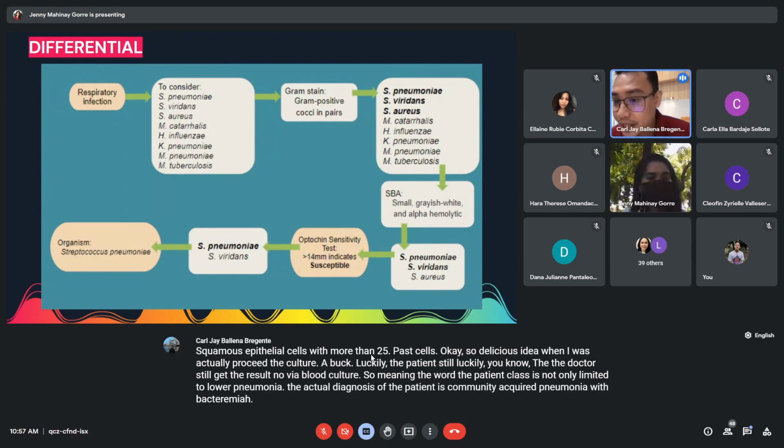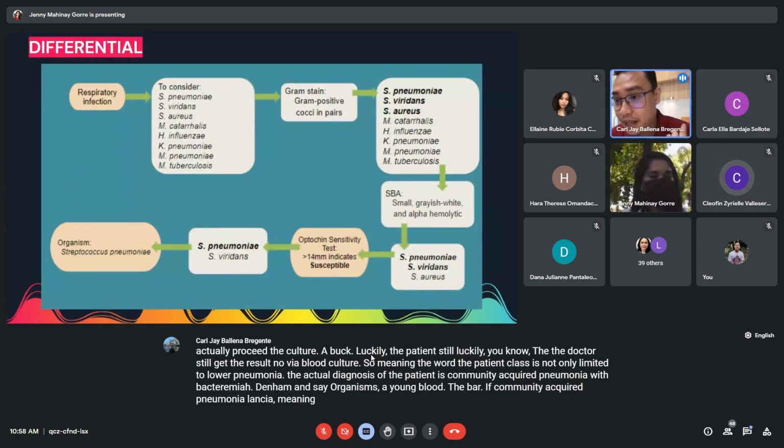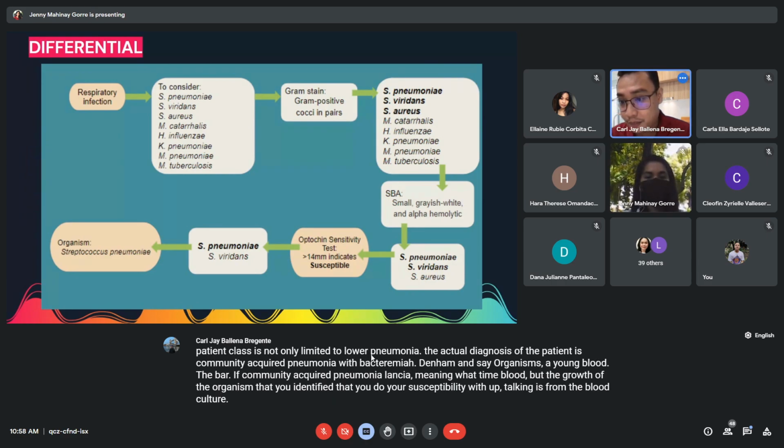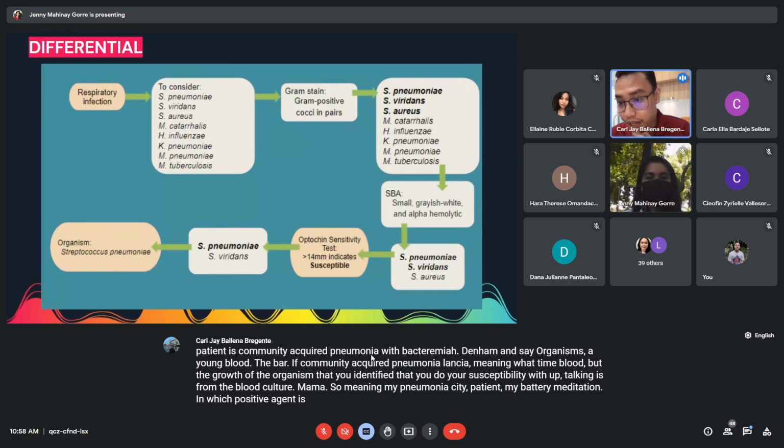The organism is in the blood. If it was only community acquired pneumonia, you would not get anything from the blood, but the growth of the organism that you identified, that you did your susceptibility with optochin, is from the blood culture. Right? So the patient has pneumonia and also bacteremia, in which the causative agent is Streptococcus pneumoniae. Okay?